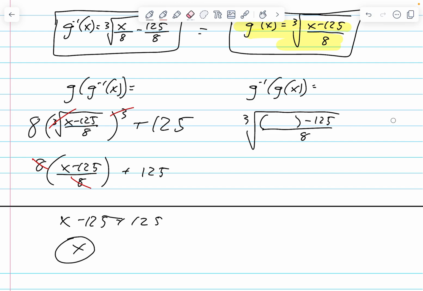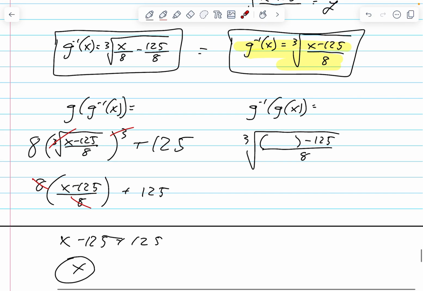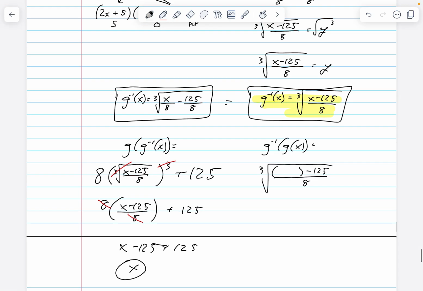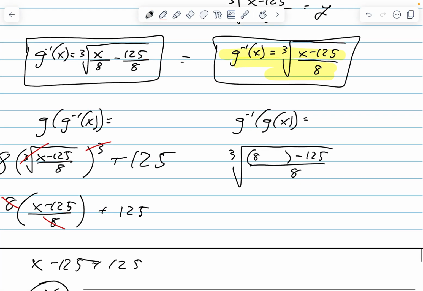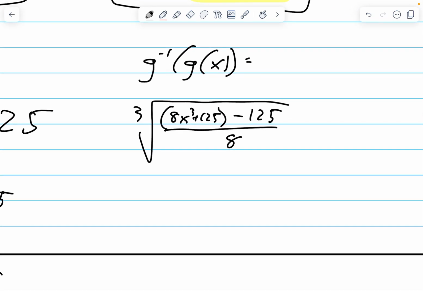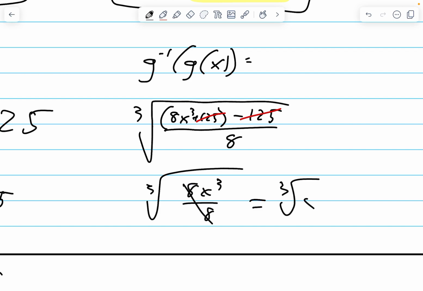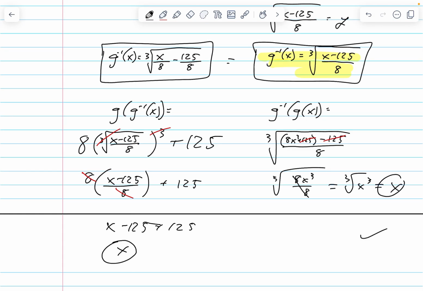There's my inverse function, cube root of x minus 125 over 8, and then I plug in the original, which was 8x cubed plus 125. These two 125s will cancel out. I have a plus and a minus. So now I have the cube root of 8x cubed over 8. Those cancel out, so I get the cube root of x to the third, and I get another x. So I proved it now both ways.